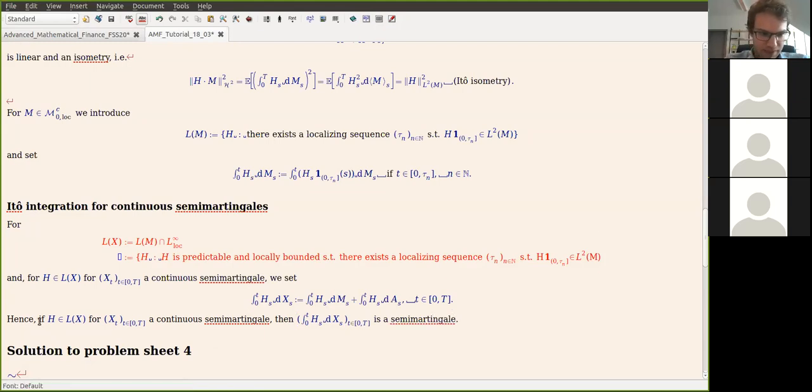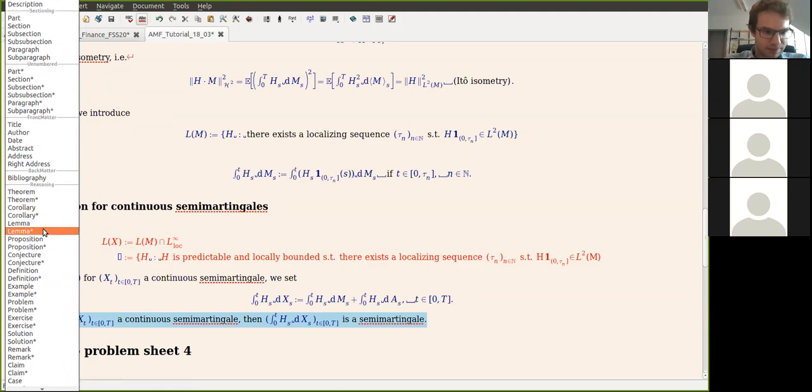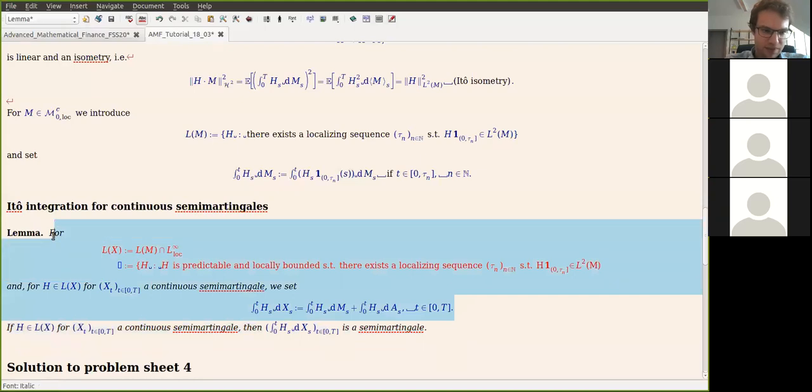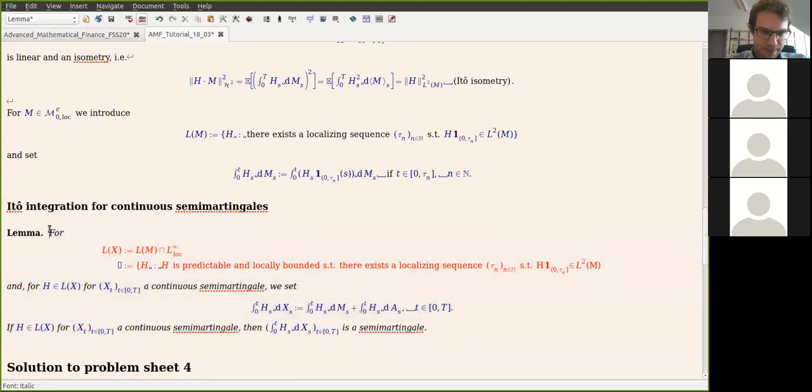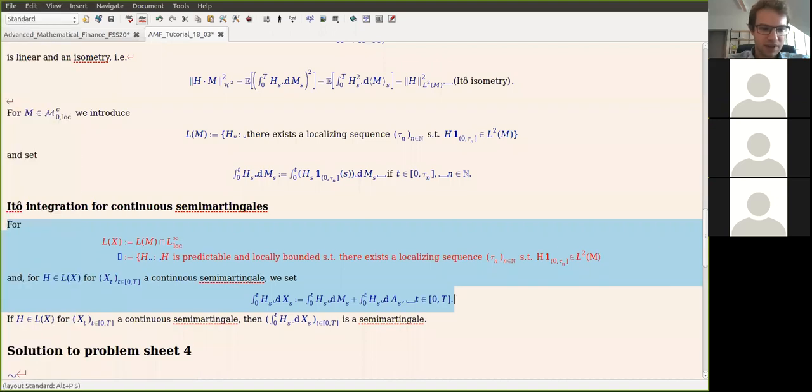And let's make this into a lemma. I think this is not hard to see.